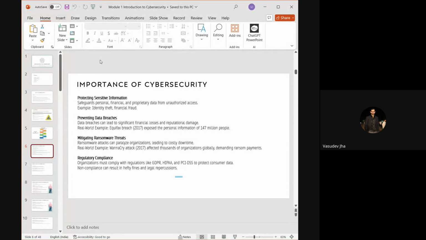That converts into reputation damage. First we have a trust issue, now that issue converted into reputation damage. As we have reputation damage in the market, our investors and stakeholders also want a clear hand, so they will go for an exit, right? Now, if your investors and stakeholders are exiting, it means you will face some financial losses also.